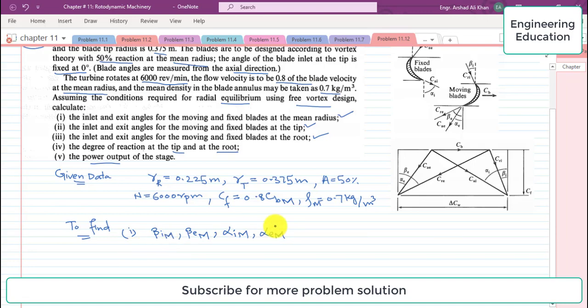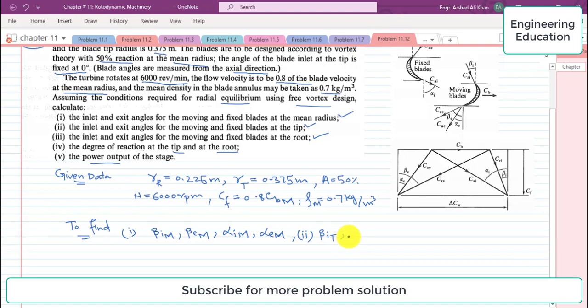Second, we are required to again find these angles at tip. So beta IT, we will use the subscript t in this case. We have used m for mean radius and t for tip and r for root.